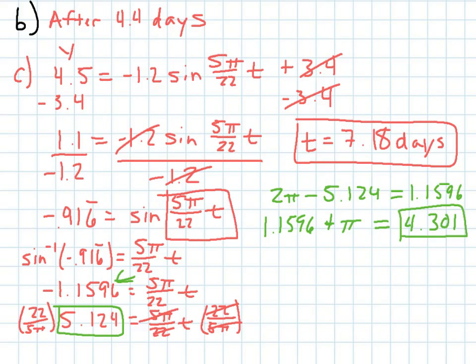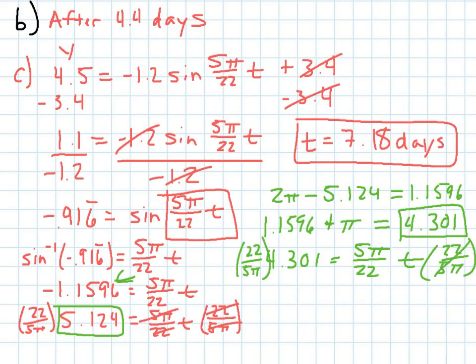So I'm going to do the same thing I did to the 5.124 to the 4.301. So I'm going to write an equation here. So 4.301 is equal to my 5 pi over 22 t. And so now I need to multiply both sides by the 22 over 5 pi. So this will get me my second answer.